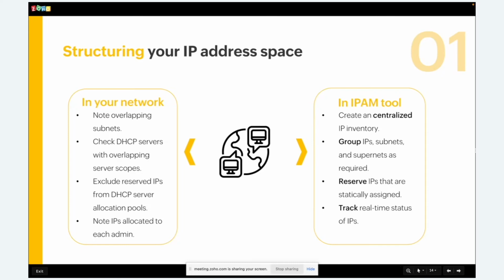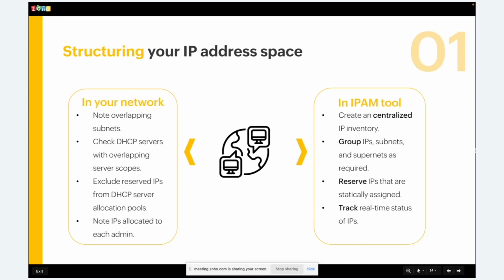Next, track the real-time status of an IP. It is important that you know if an IP is used, if an IP is available, or if an IP is transient. This helps you effectively avoid scenarios where you allocate a used IP or a transient IP. So make sure you have real-time tracking capability in your IPAM tool.